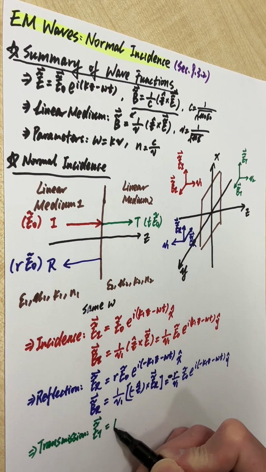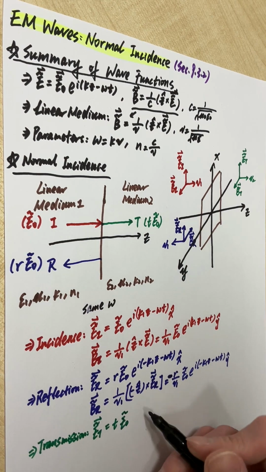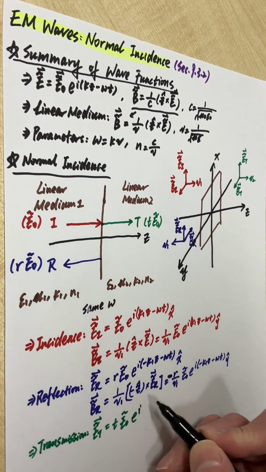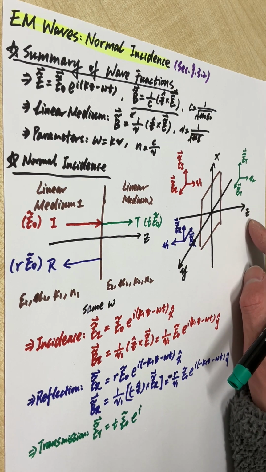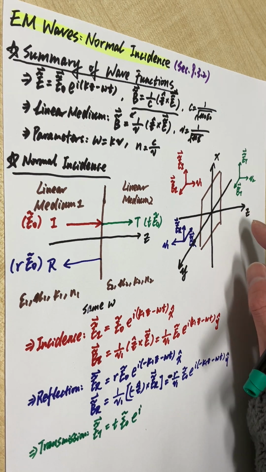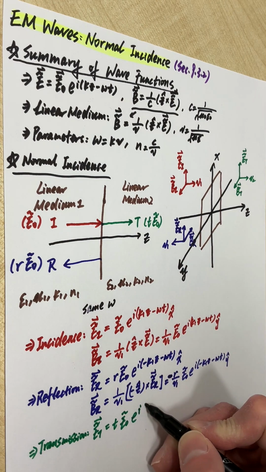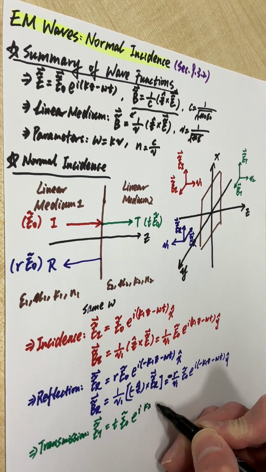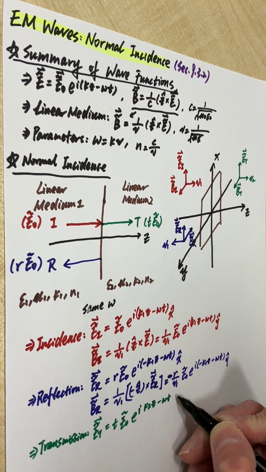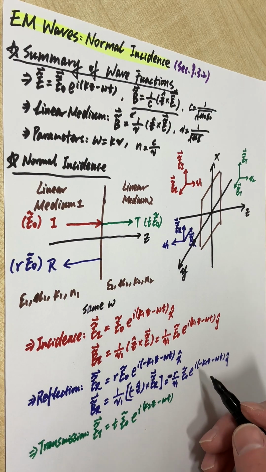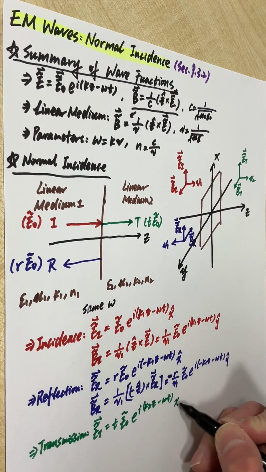The magnitude is some T E0, and then we have the exponential. The direction is Z, but the wave number here is kappa 2, so I have kappa 2 Z minus omega t, and the polarization is still the X direction.